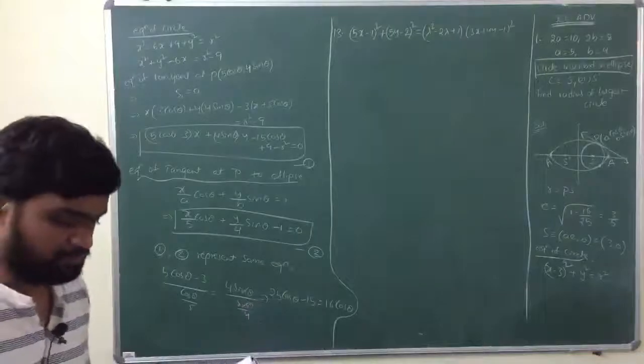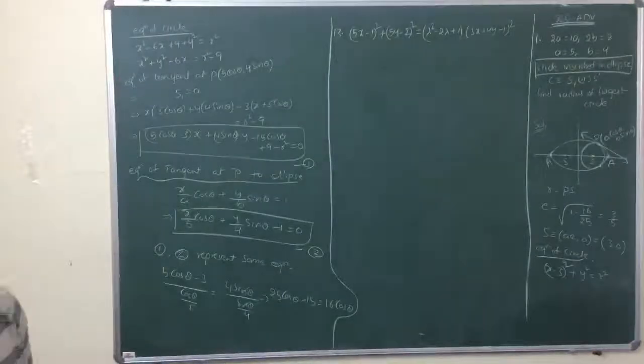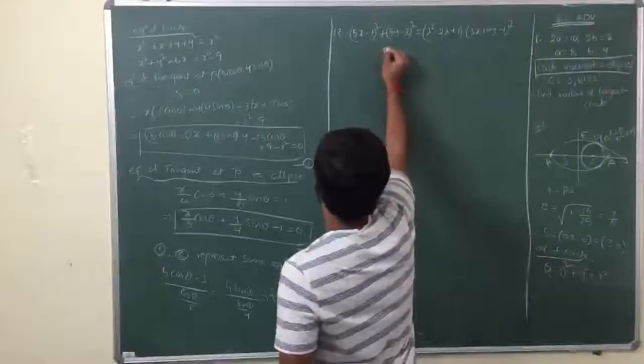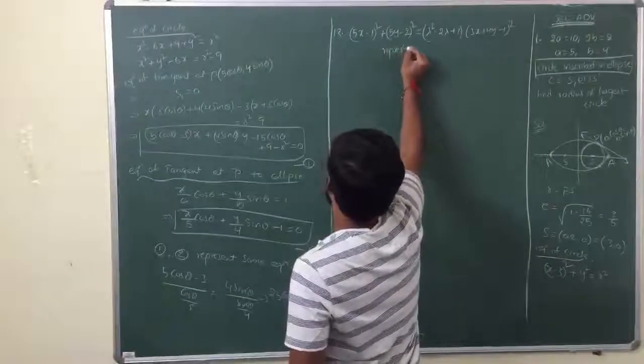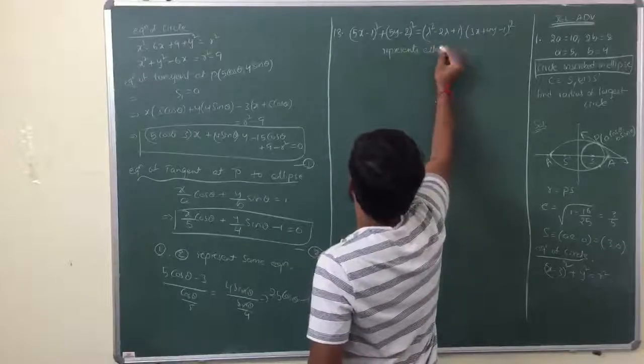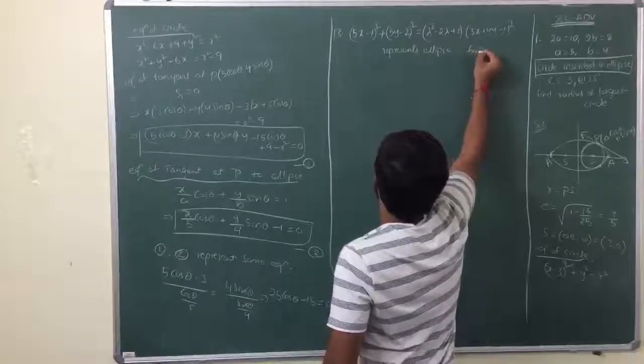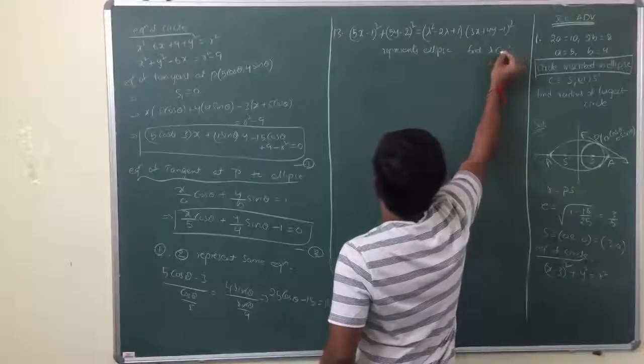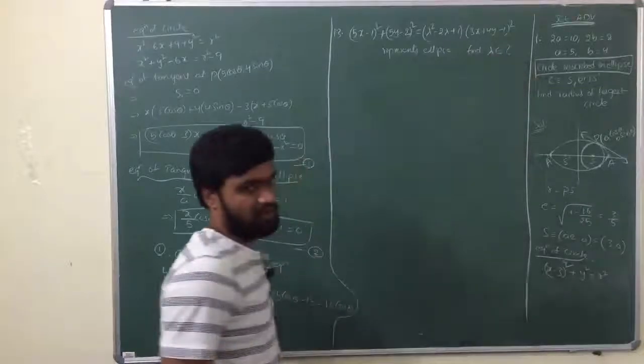Find lambda if the equation represents an ellipse. We get an interval.